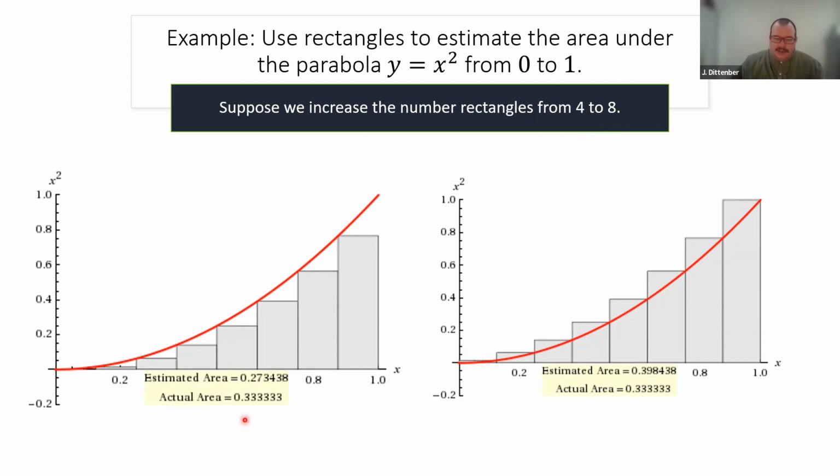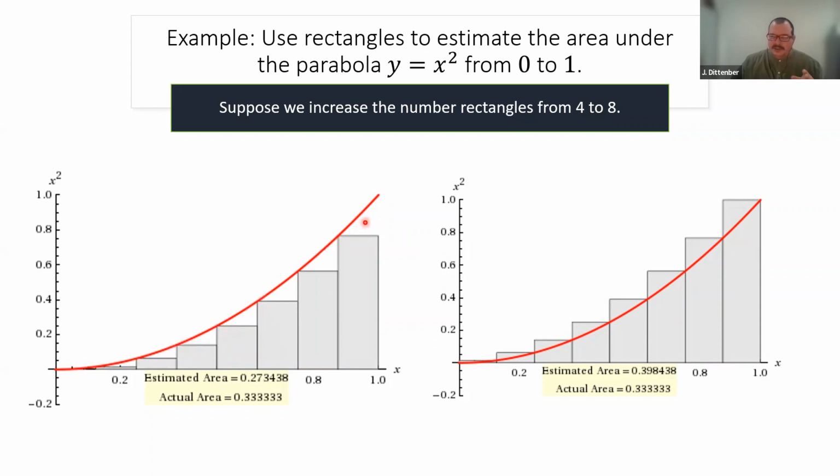And on this screen, you can see I've got the actual area here, on both sides. On this side of the screen, I've got left endpoint rectangles. Here, the function is intersecting with the left side of the rectangle.